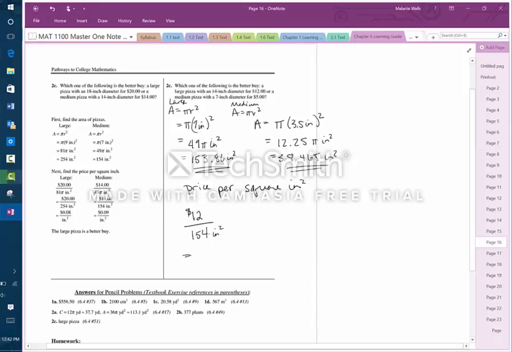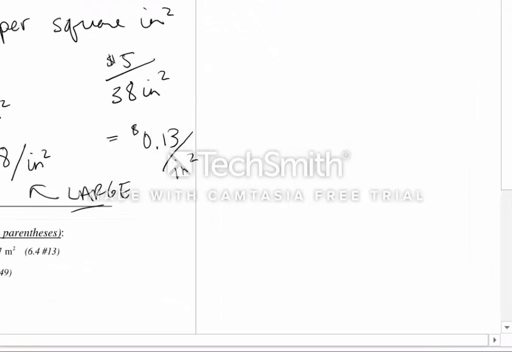When you divide, you would get 0.08 per square inch, so 8 cents per square inch. Whereas if we paid $5 for the 38 square inches, 5 divided by 38 is 0.13 per square inch. So the better buy would be the large pizza, since it's cheaper per square inch.